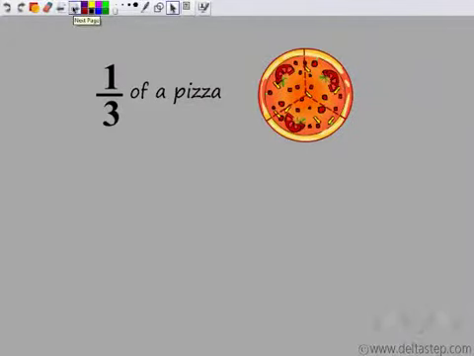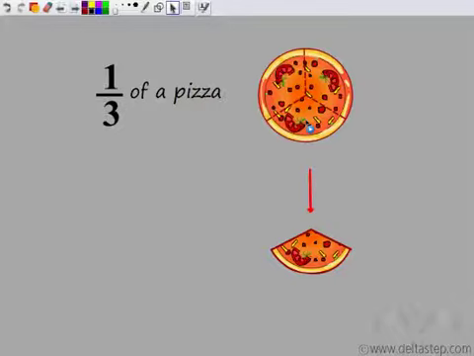Let's say if I say 1/3 of a pizza, then this pizza acts as one unit and I divide it into 3 equal parts, and 1/3 actually represents one equal part of this pizza when divided into 3 equal parts.